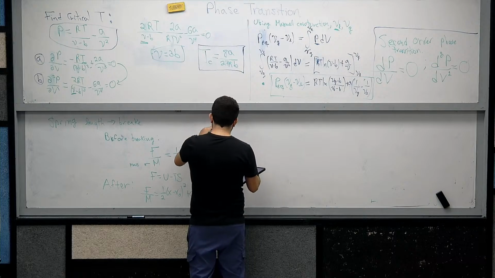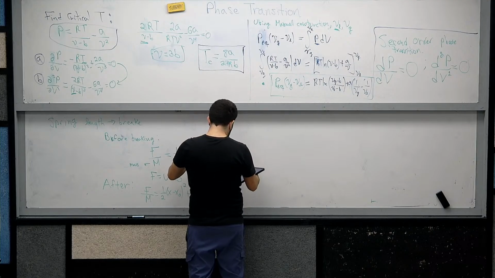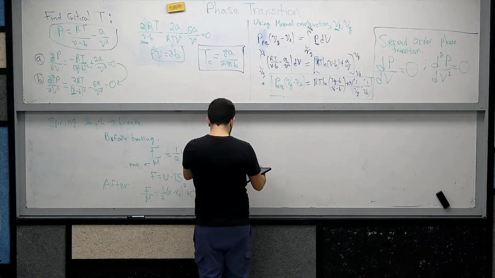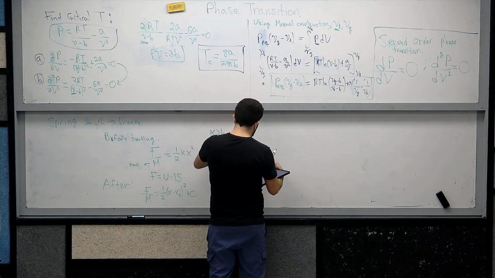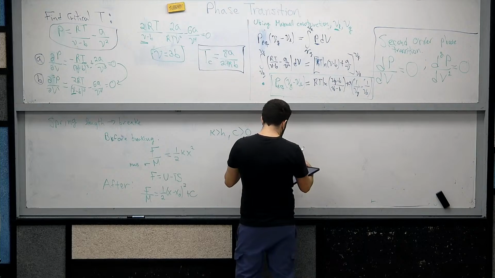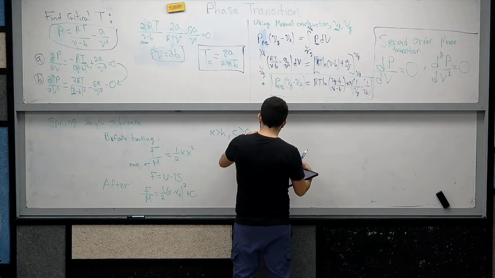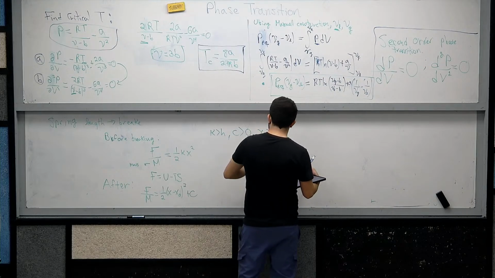Here, K is bigger than H, C is bigger than 0, and X0 is bigger than 0.